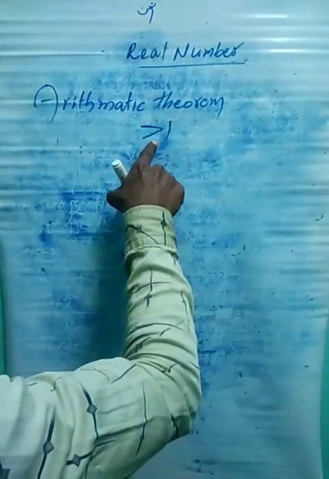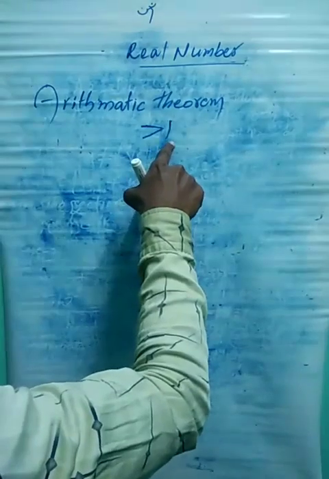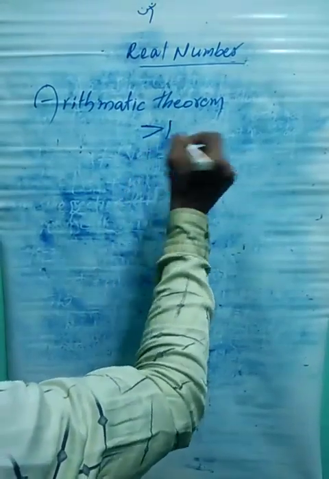That means every positive integer greater than 1 can be written as a product of primes. This is also known as unique prime factorization.